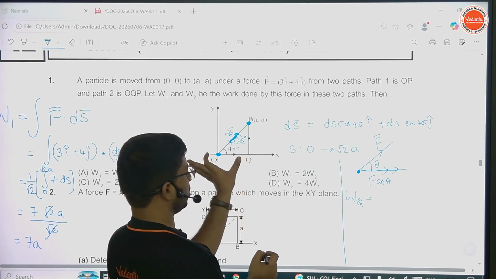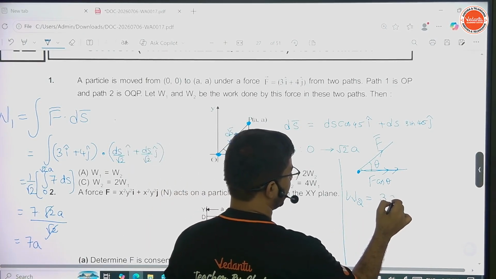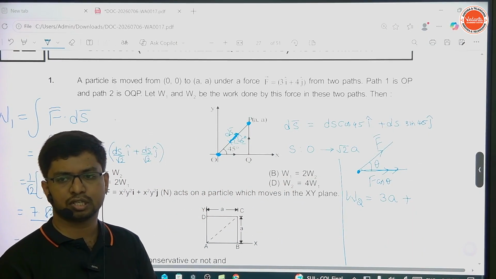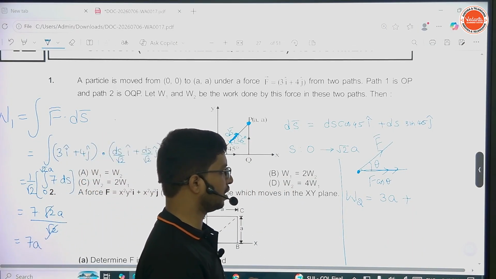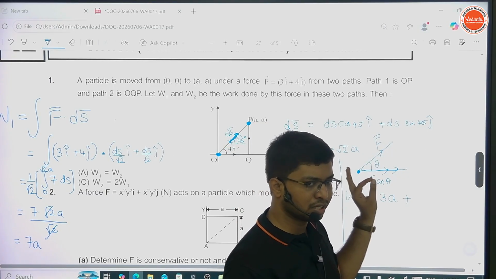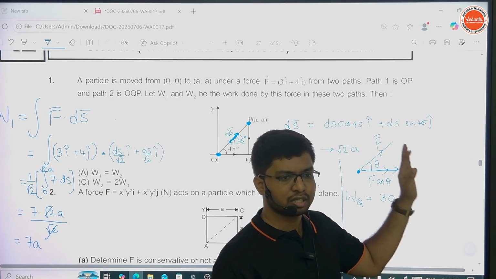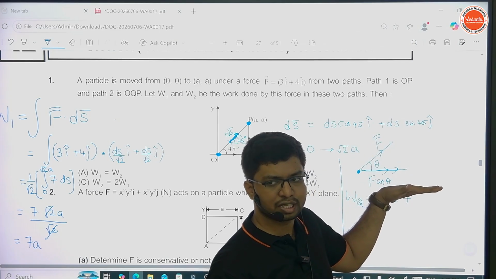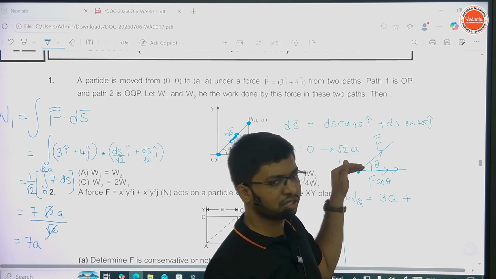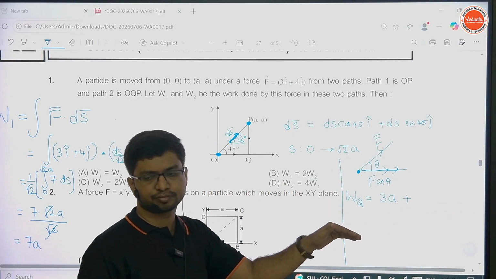This is A here. So directly I am multiplying 3 into A. Understood the step here? This can be applied anywhere. If force is constant and the particle is moving in a straight line, just take the component of the force in the direction and multiply that component of the force with that total displacement.